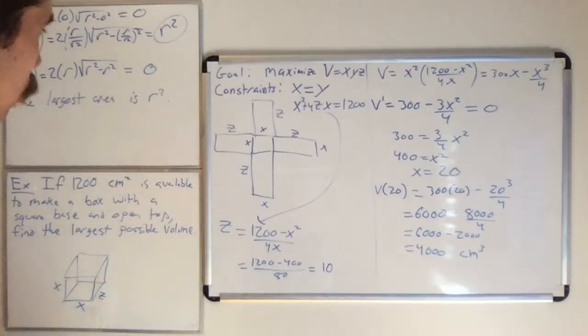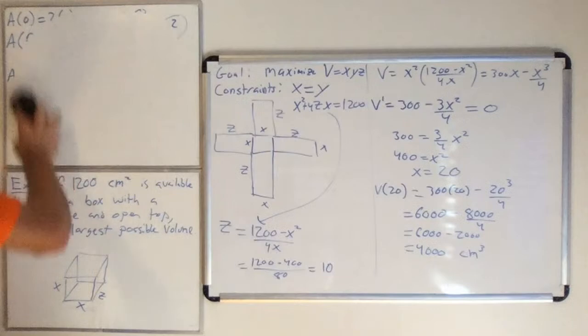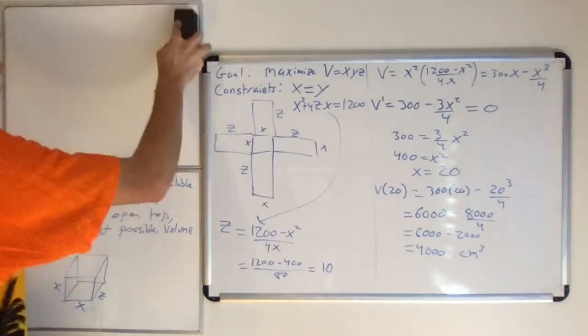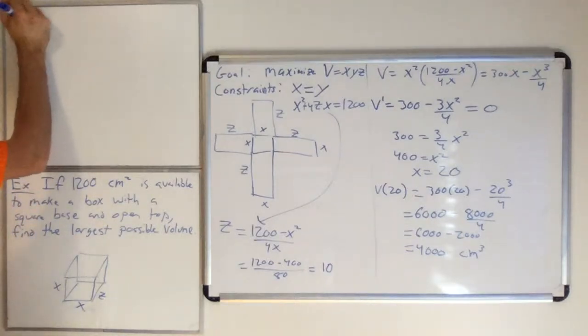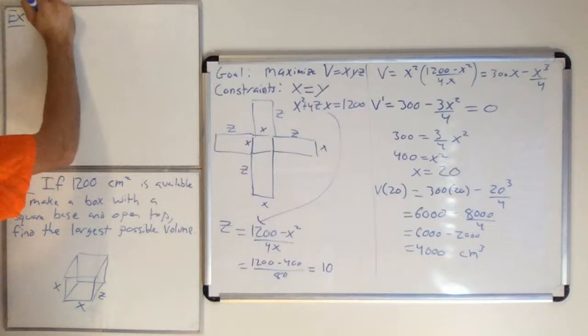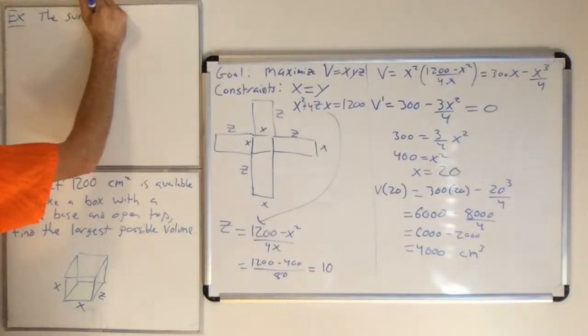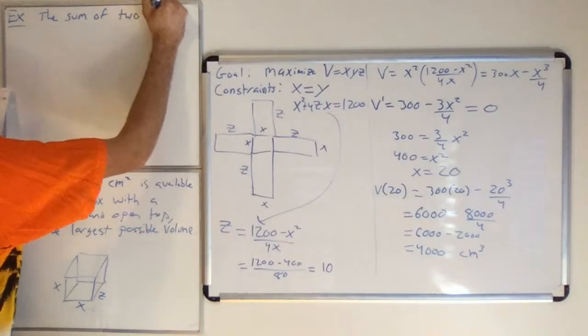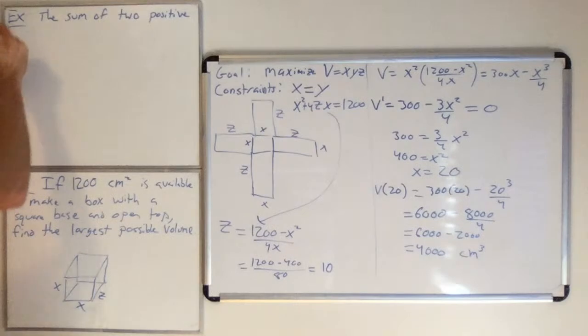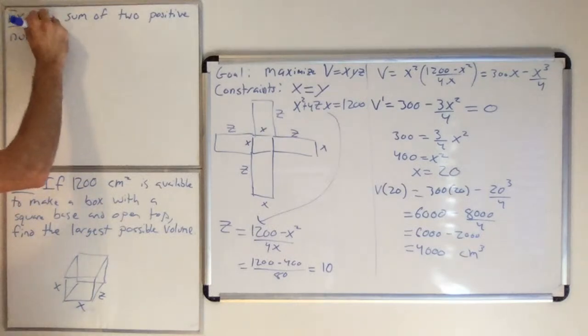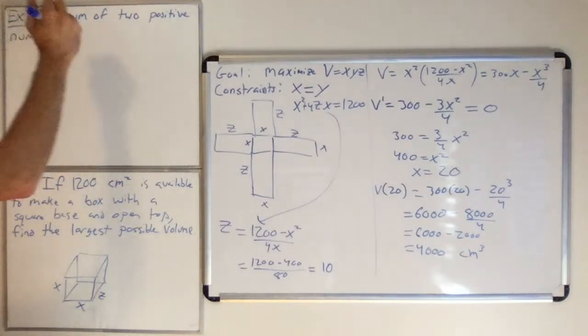Okay, let's look at one last quick one. End on a positive note. So the sum of two positive numbers is 16.